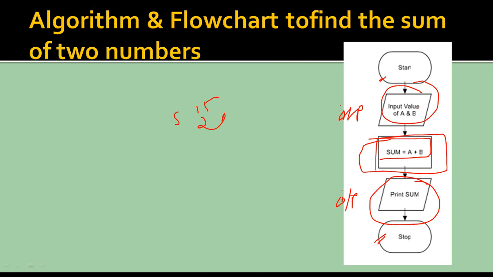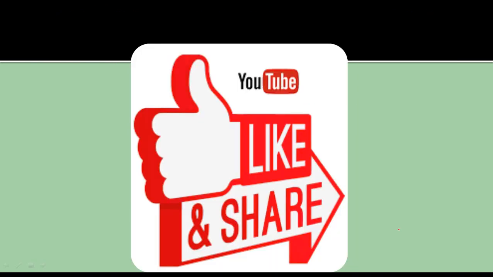So: start, input the values a and b, compute the sum of a and b, and then print the sum. Sum is a variable which gets printed, and after this printing your program has to stop. So this is the basic idea of a flowchart.